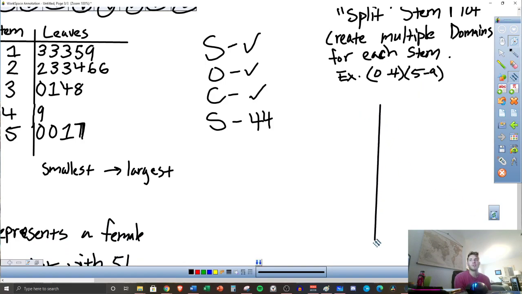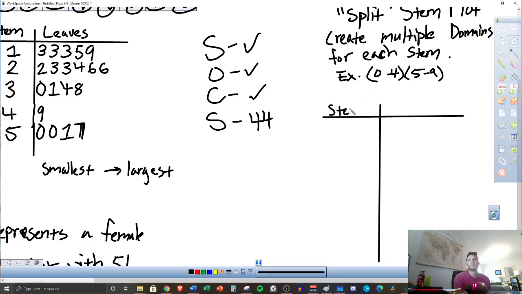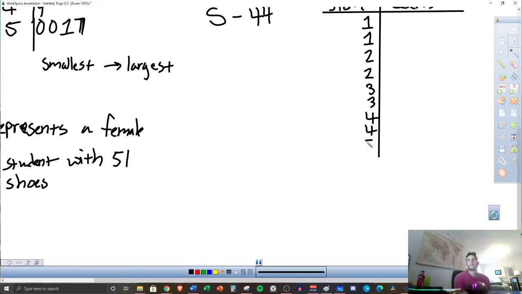So let's go ahead and draw again in your notes the stem and leaf plot. So we're going to put stem, leaves. I'm going to write each number twice. There we go.